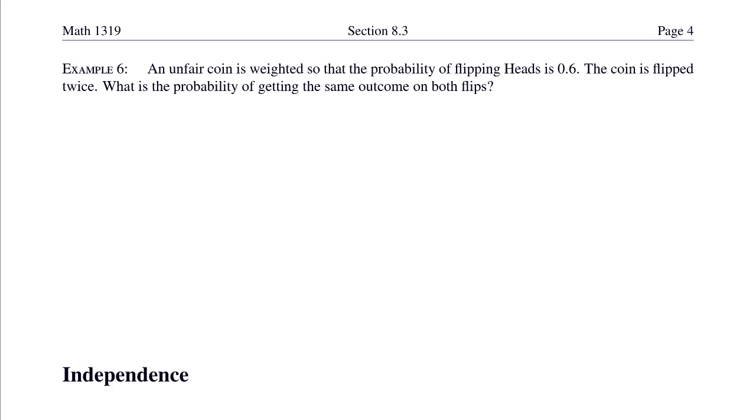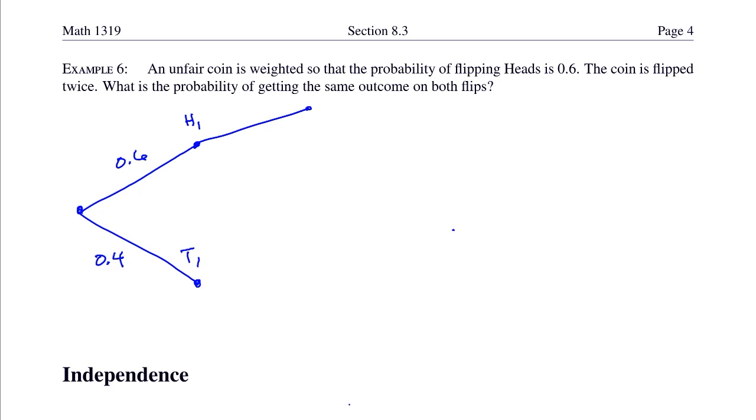All right, let's check it. If we were to draw the tree, it would look something like this. So heads 1, tails 1. The probability of heads is 0.6. The probability of tails is 0.4.